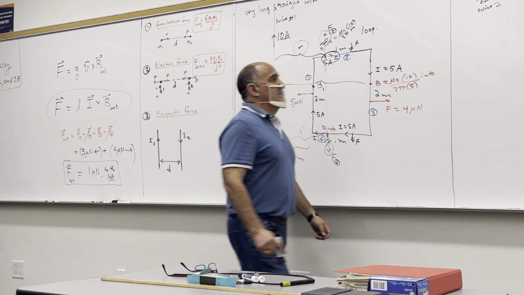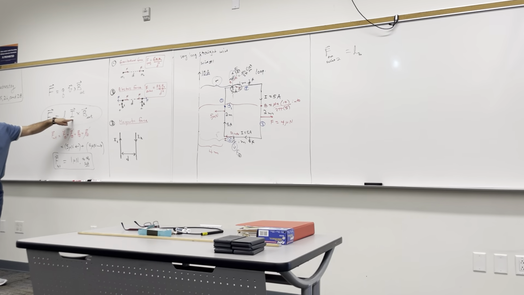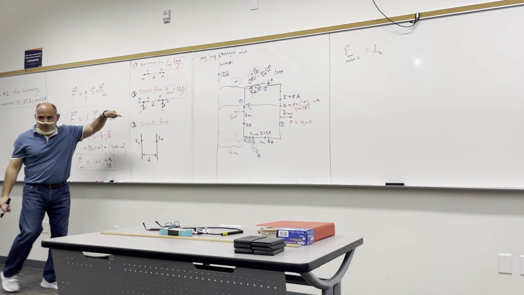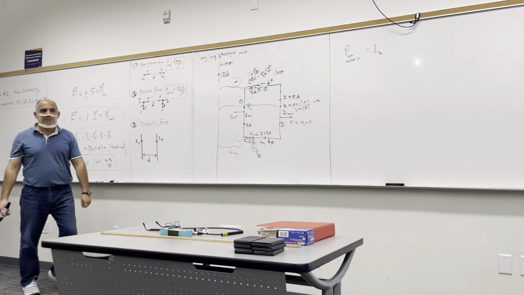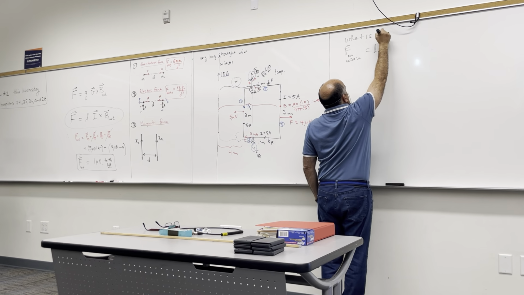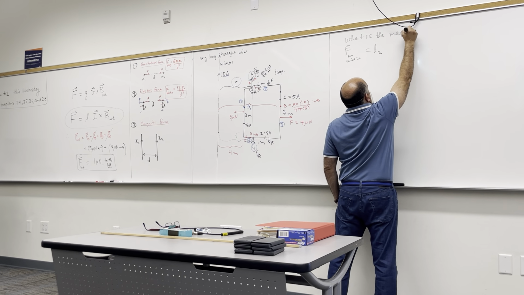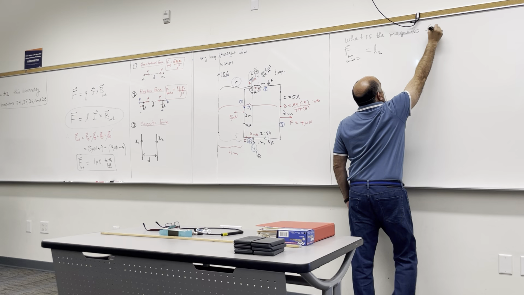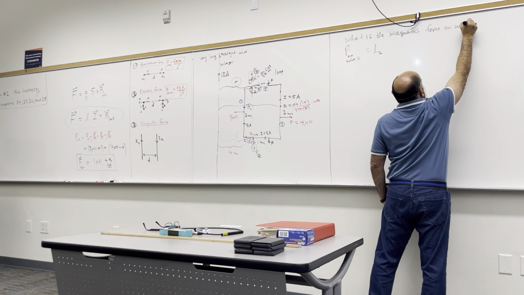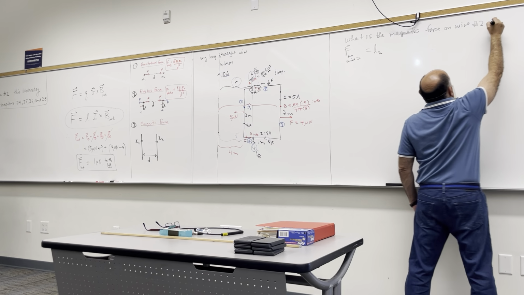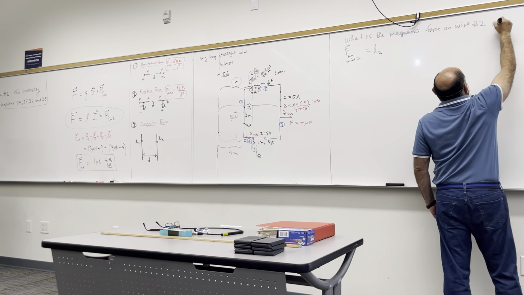This is the current in the wire that experiences the force, so it will be the current in wire number 2. In fact, let me write down the question. What is the magnetic force on wire number 2 exerted by the other wire, by wire number 1?